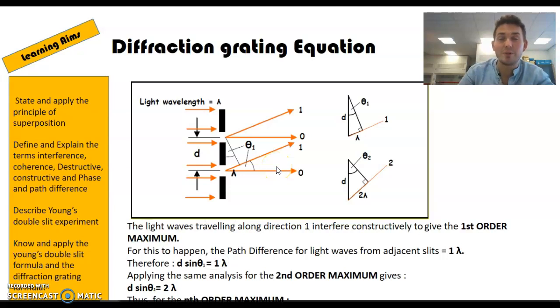And if that's lambda, then they're in phase. So we can set up this triangle here where d is the slit separation, lambda is this extra little bit here, and this angle theta, we call our diffraction angle. We call it our first order diffraction angle. So we can say that d sin theta is equal to lambda for the first order.